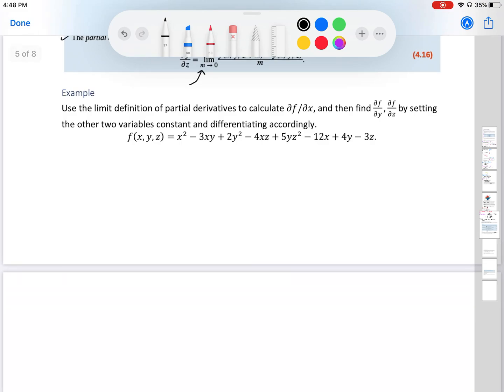Example: use the limit definition of partial derivatives to calculate df dx, and then find df dy and df dz by setting the other two variables constant and differentiating accordingly. Okay, so we're just left to find the partial derivatives of this function. Let's begin with x.